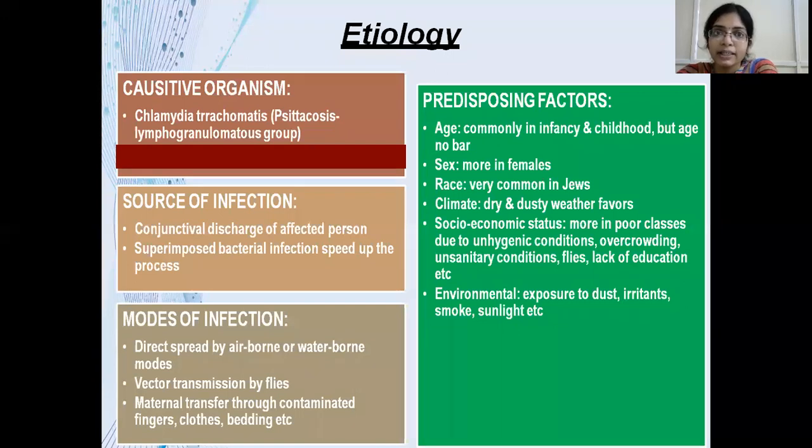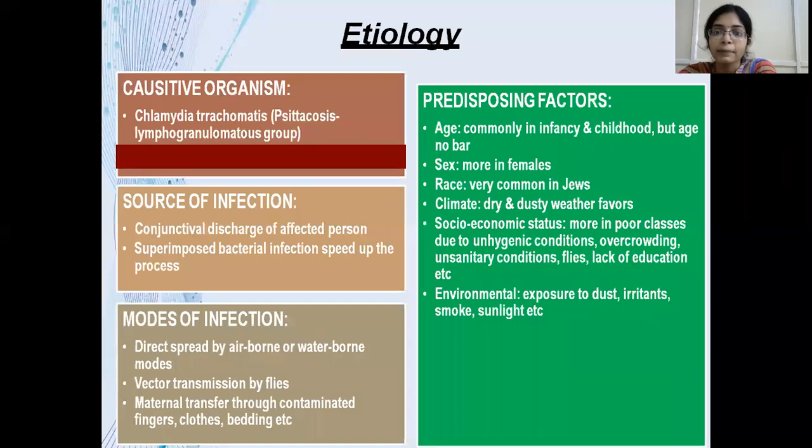There is a female preponderance, and in terms of race, it is very common in Jews and not so common in Negroes. Now, climate. Any dry weather, dusty weather, abundance of smoke, abundance of sunlight, abundance of irritants, which may be physical as well as chemical, all these form a major risk factor for trachoma.